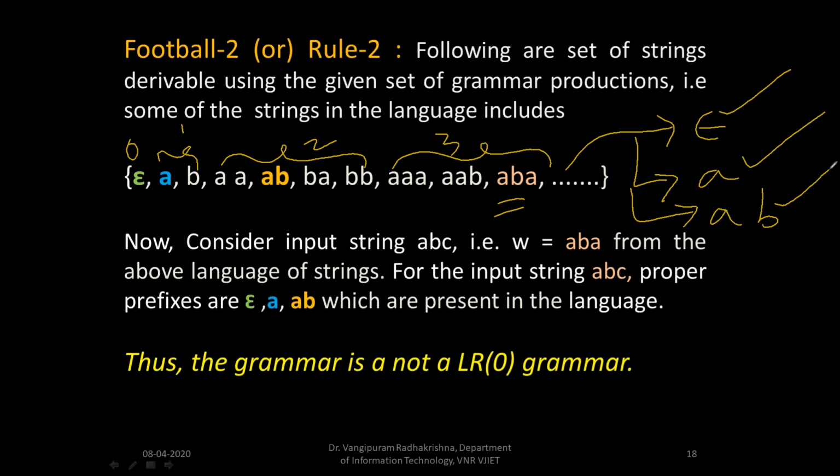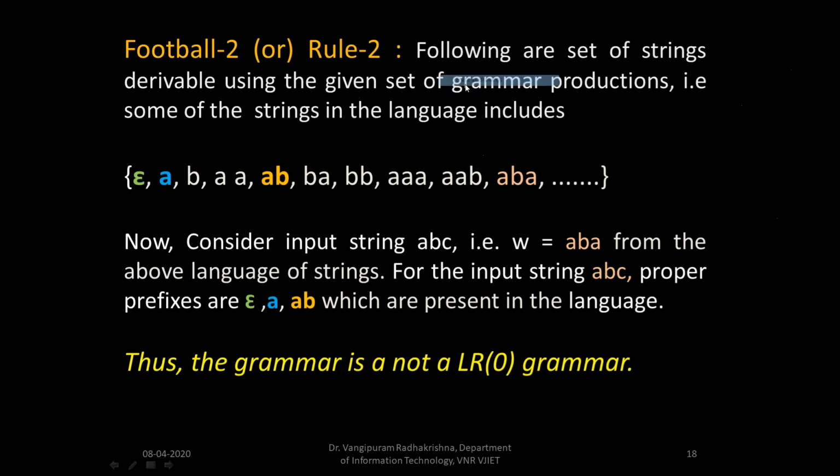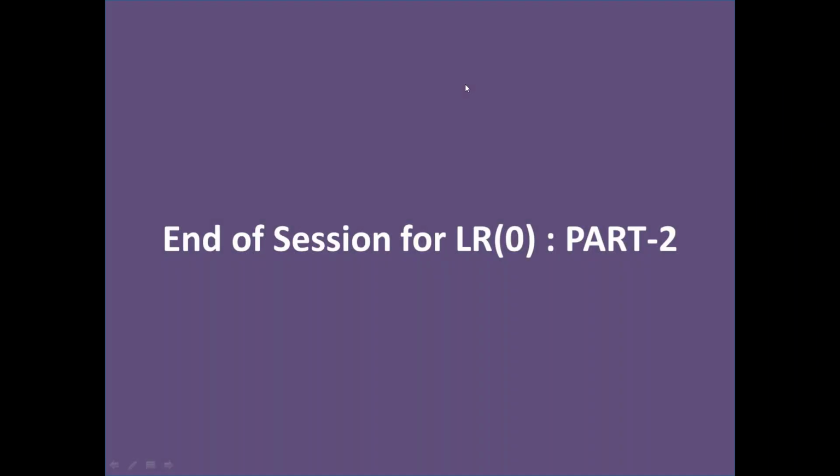Because one or more proper prefixes are present in the given language, this grammar cannot be treated as LR0 grammar. I can say that the grammar is no more LR0 grammar. So this is how we can verify if a given grammar is LR0 or not by applying football 2.